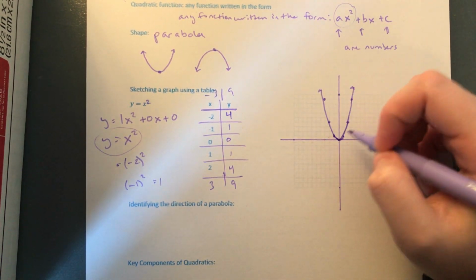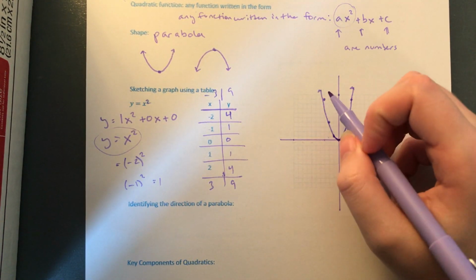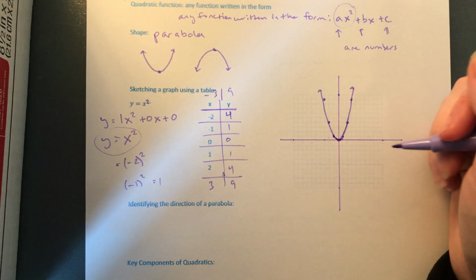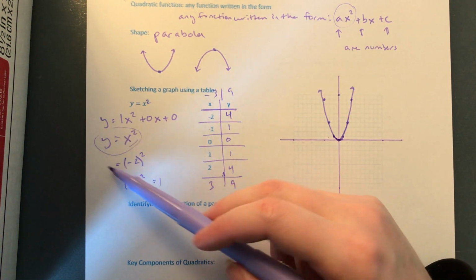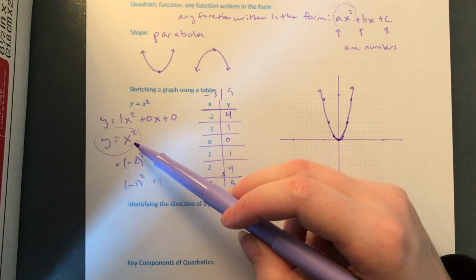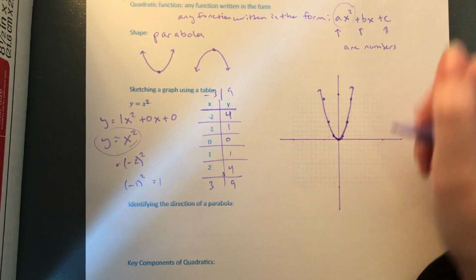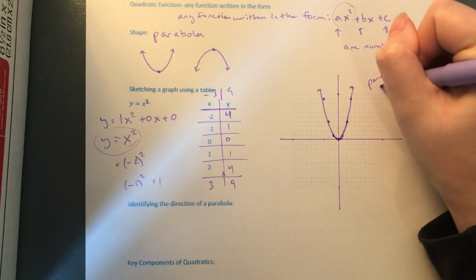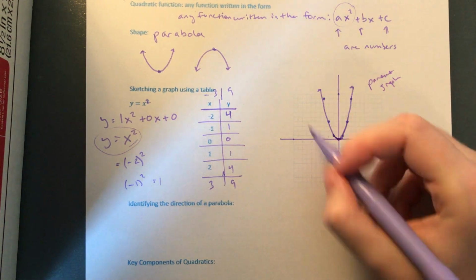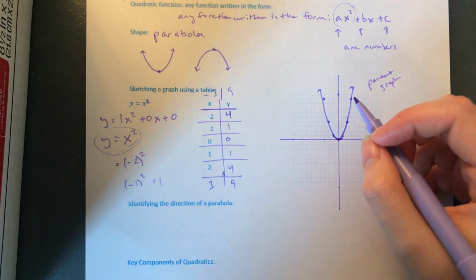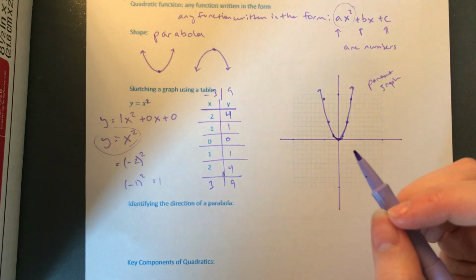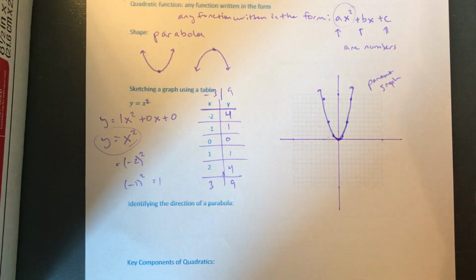This one's a little bit taller and skinnier. But they always have some kind of U shape to them. And so this is the most basic that we can get, y equals x squared. There's not much else to plug in. So this is what's called the parent graph. This is the most basic, the most average quadratic, nothing weird happening to it, a normal quadratic.